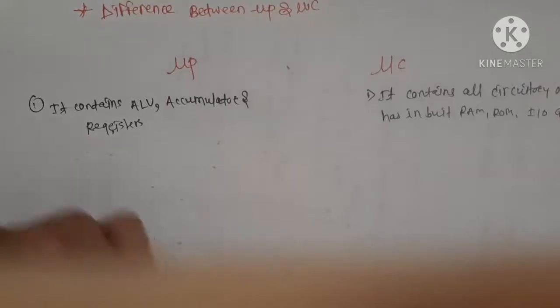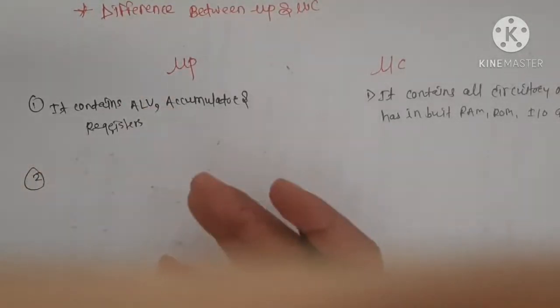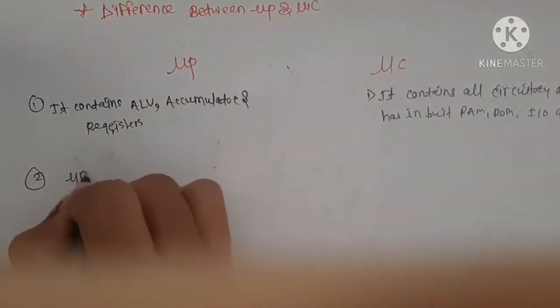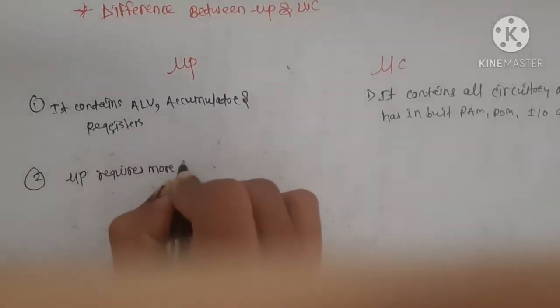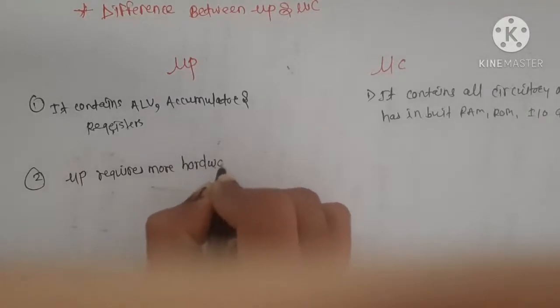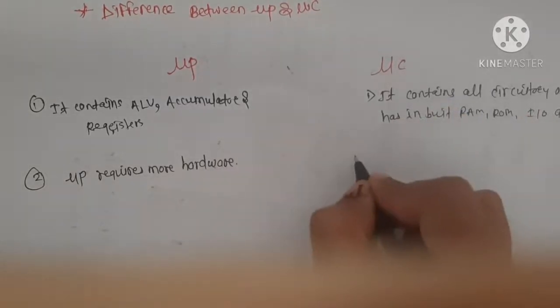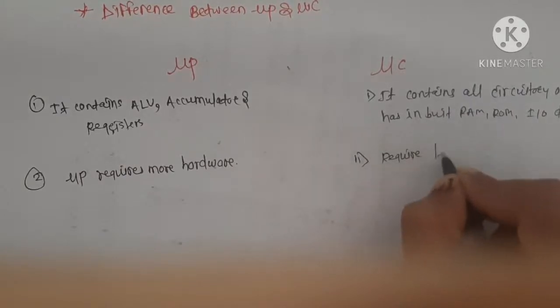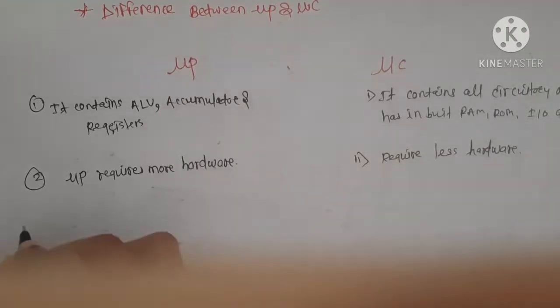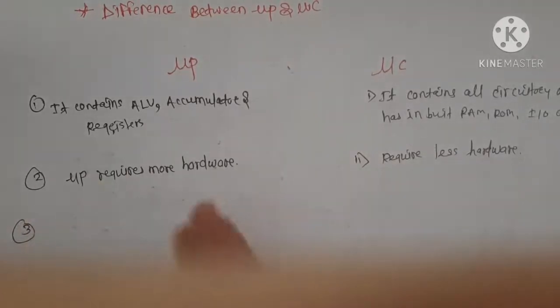Next is hardware. Microprocessor requires more hardware. As the microcontroller has built-in components, it requires less hardware. The next point is, as hardware is more, obviously the PCB size also increases.